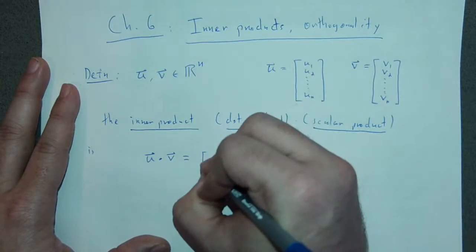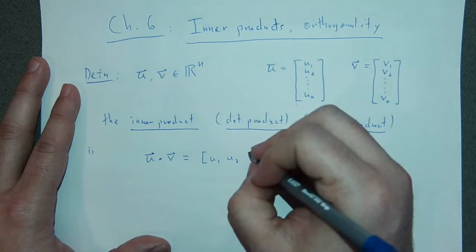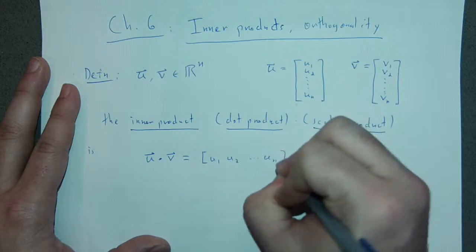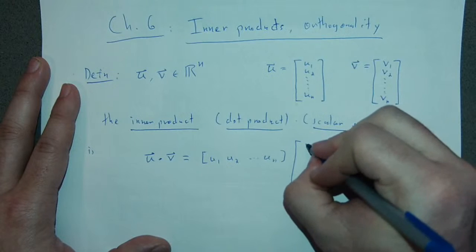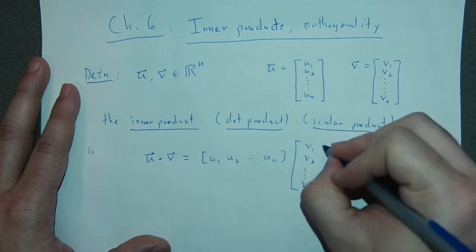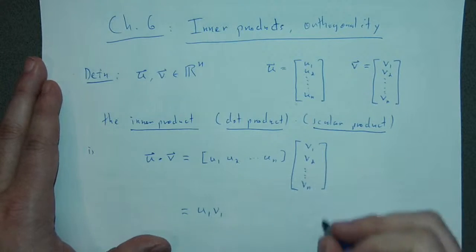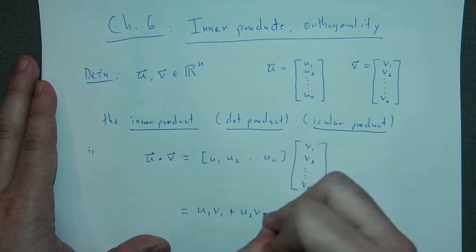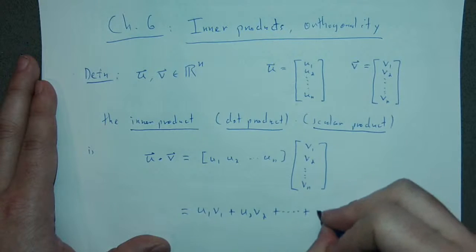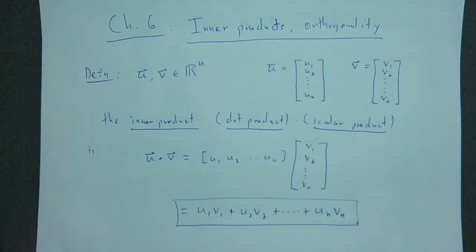So some people like writing u as a row vector, if you like, and then multiplying this by the column vector for v. Of course, this is u1 v1 plus u2 v2, and so on, all the way to un vn. Okay. That's the dot product.